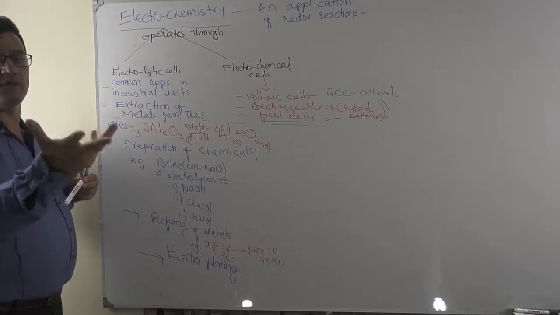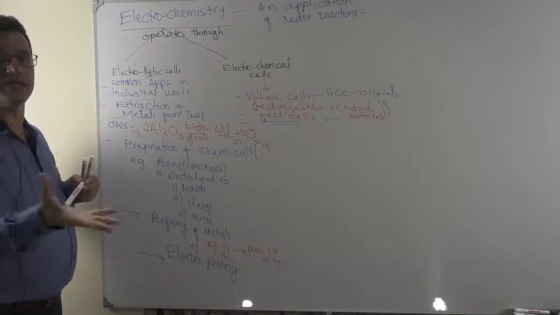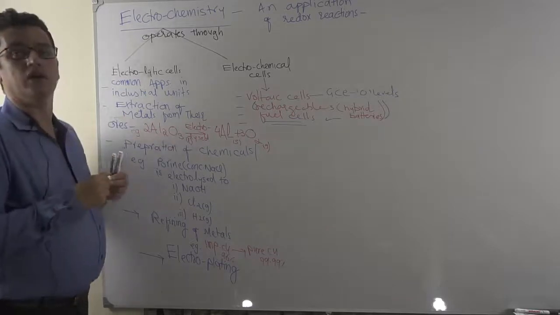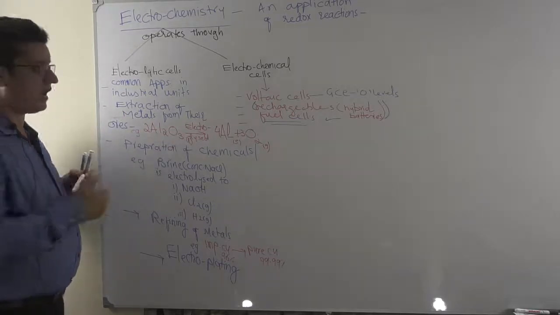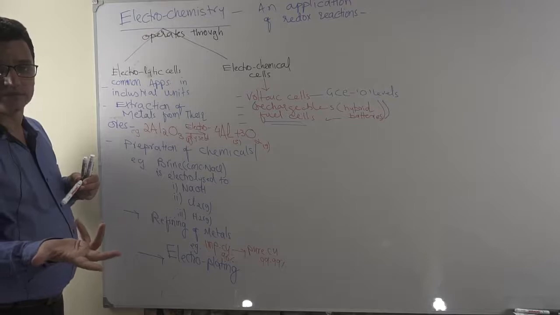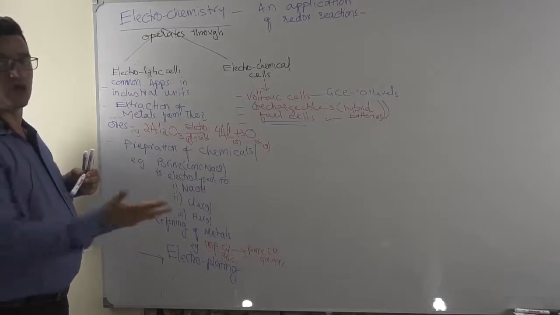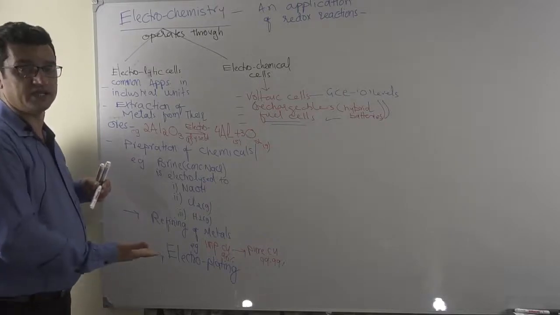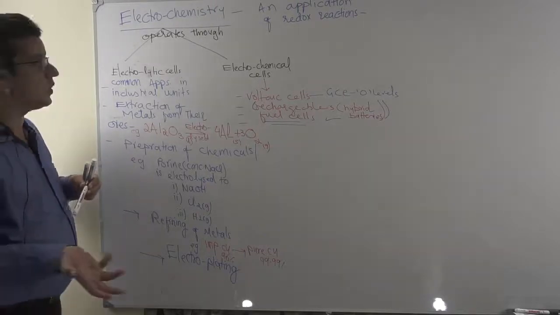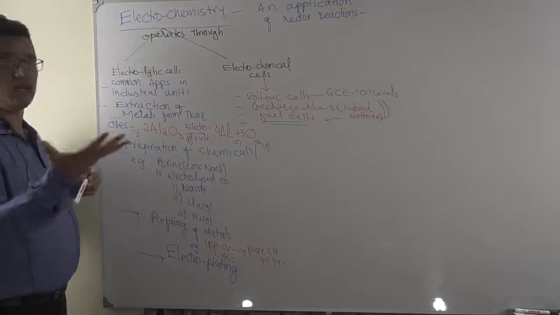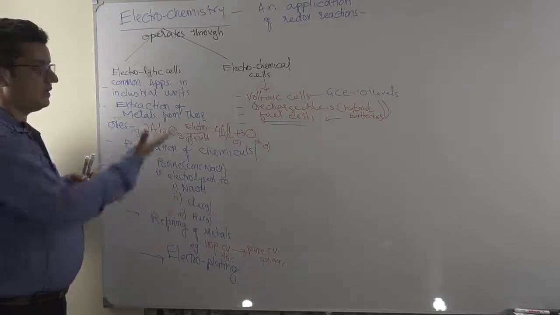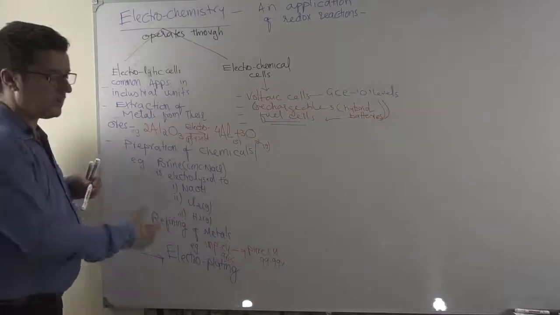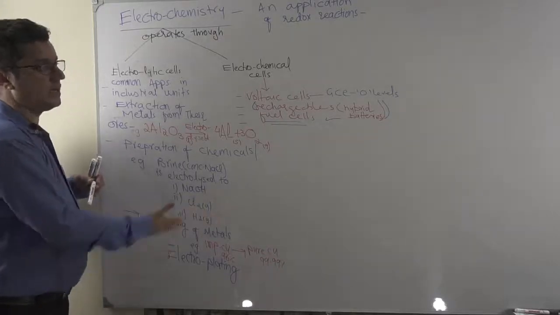So their looks become fine, they become more durable, resistant to corrosion, long lasting, presentable and affordable as well, because a pure copper thing you can't afford, but electroplated is possible. A pure gold thing is expensive, but electroplated is there. So the electrolytic cell will do all this for us: extraction of metals, preparation of chemicals, impure metals to pure metals, and electroplating.